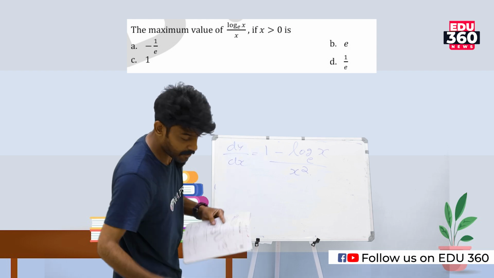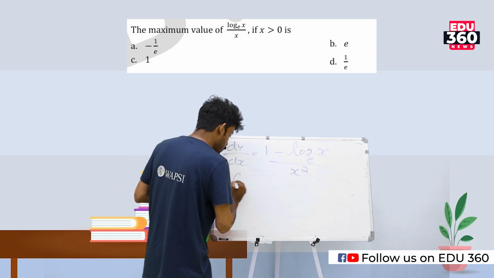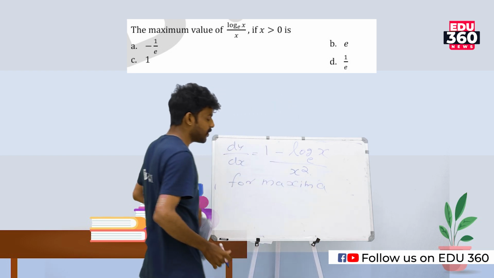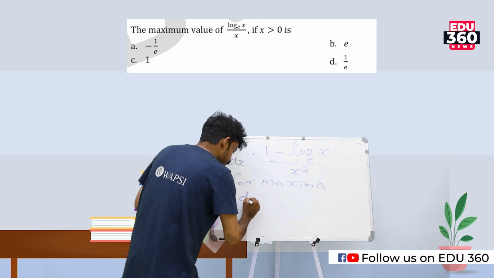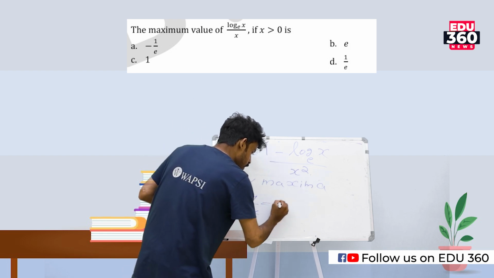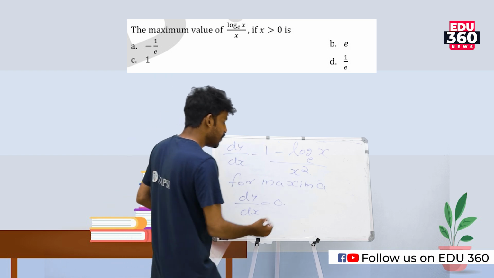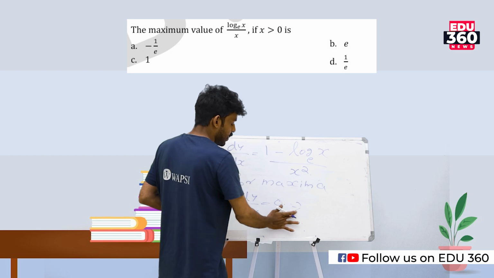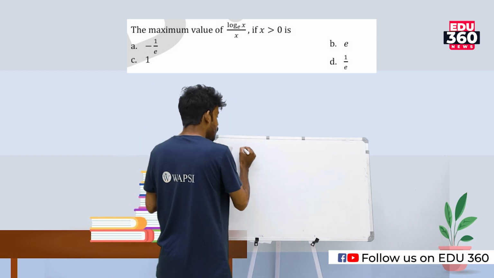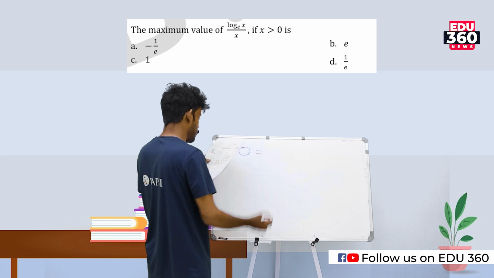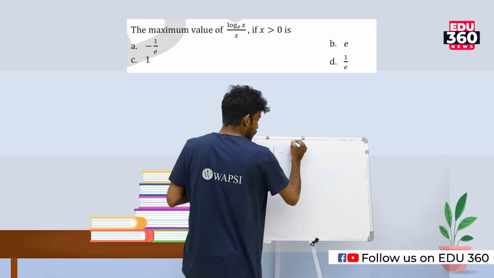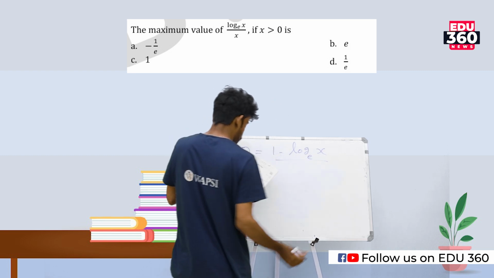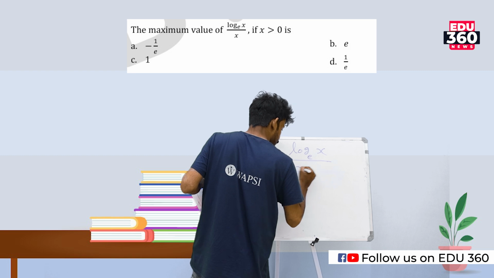So for maxima dy by dx is equal to 0, which implies 1 minus log e x divided by x square equals 0.